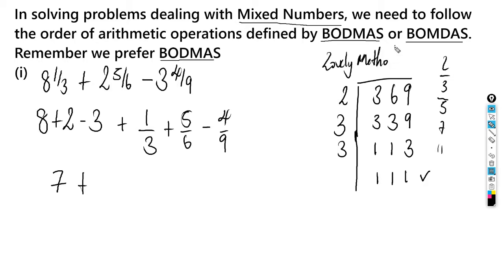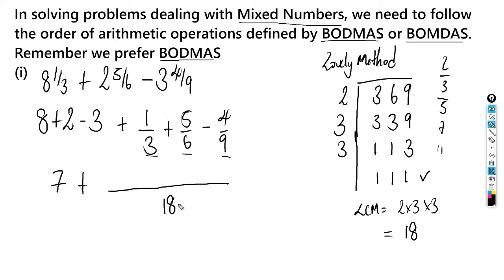This is the lovely method to find the LCM of the denominators. So for the LCM, 2 times 3 would give us 6, and 6 times 3 would give us 18. So the LCM is 18. So we're going to put 18 here, and 3 goes into 18 6 times. So we're going to get the numerator, which is 1 multiplied by 6.